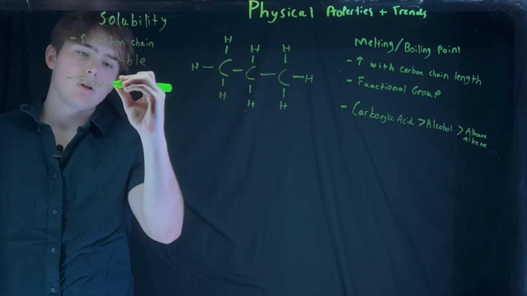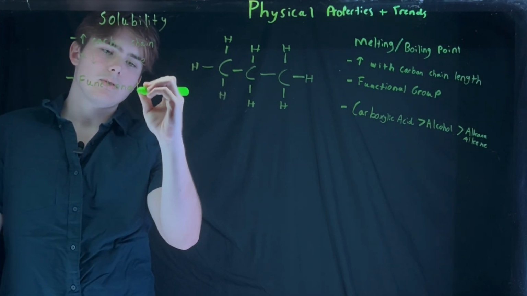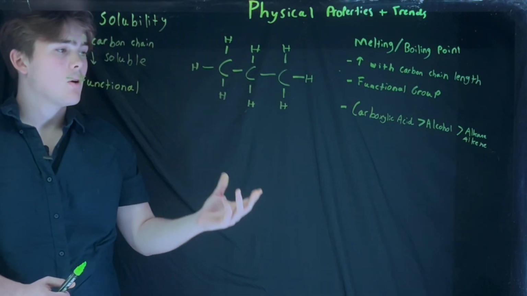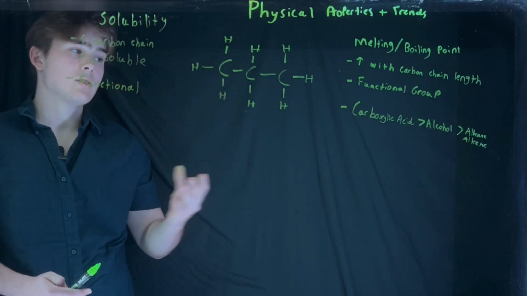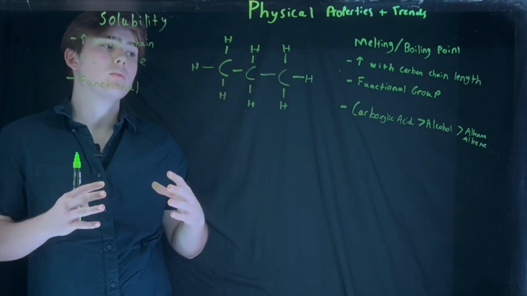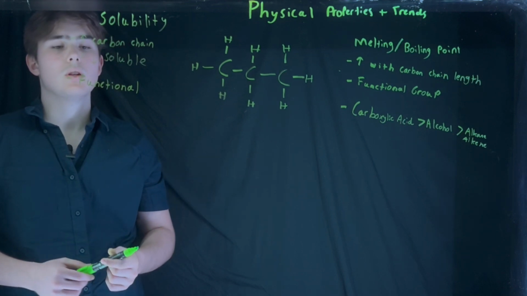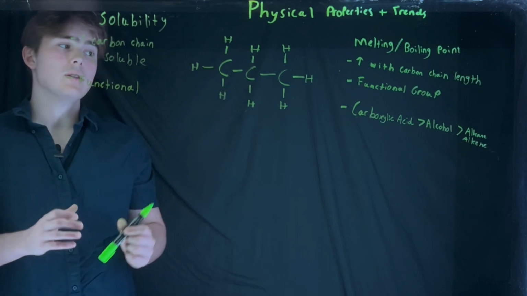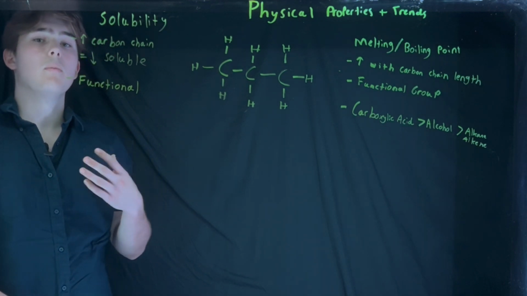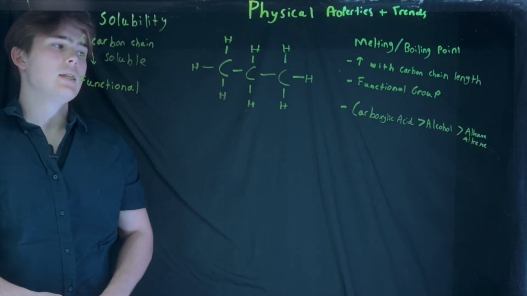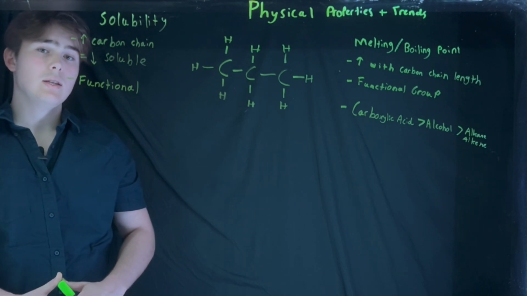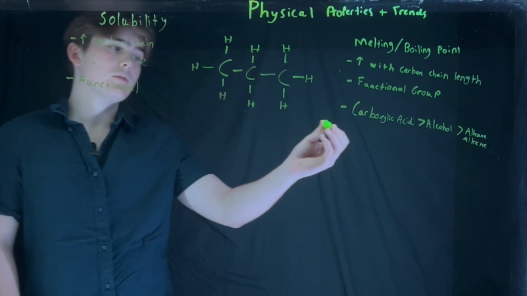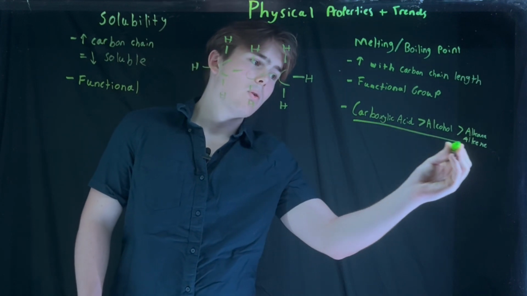Now the reason why the functional group can affect solubility is the ability of those alcohol functional groups and carboxylic acid groups to form hydrogen bonds with water molecules in solution. So alcohols and carboxylic acids are more soluble in water than alkanes, alkenes, and alkynes. So general rule of thumb again is similar to this here, right?